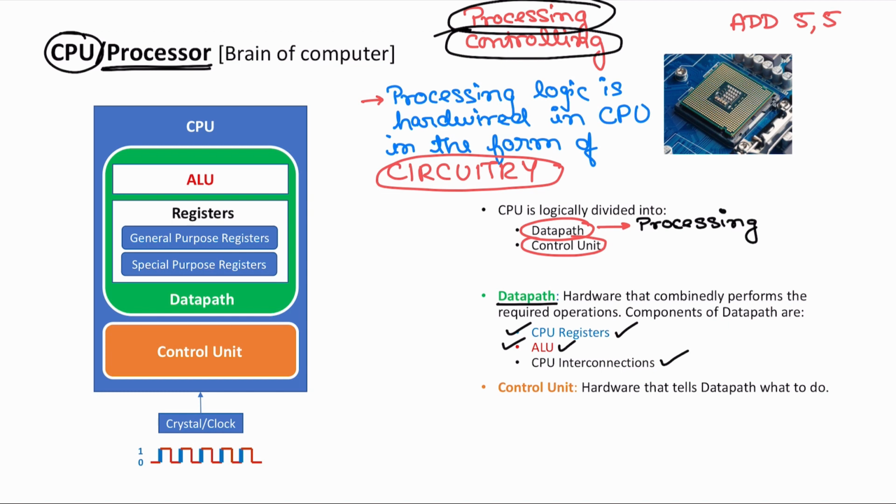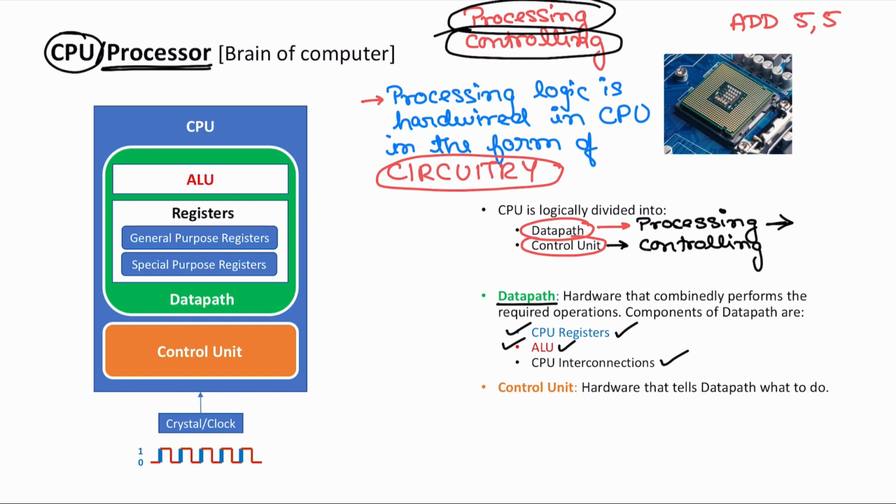The data path has the potential to process, but it will process based on the controls, like there is a control unit, right? The control unit eventually does this controlling part. So the hardware that is dedicated towards controlling all the operations is called the control unit.